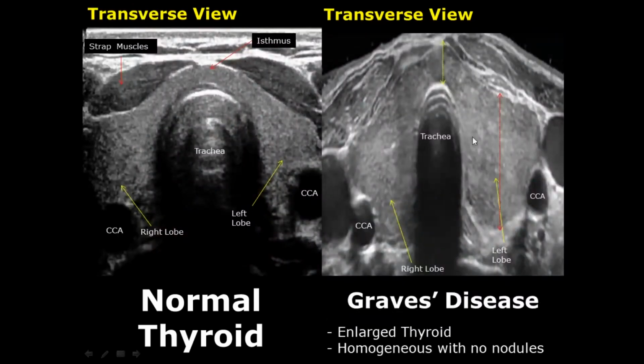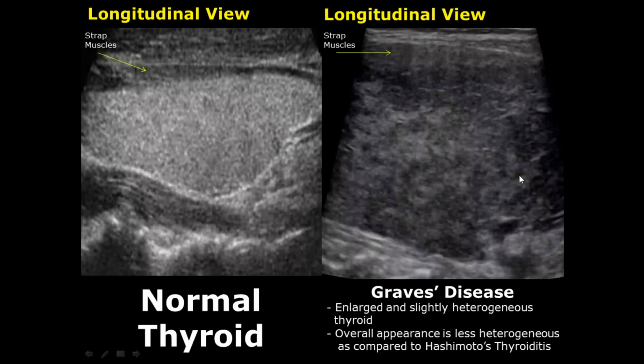Graves' disease is a common cause for hyperthyroidism. In this, the thyroid can appear enlarged and it can also appear homogeneous without any nodules. In this image, you can see heterogeneous areas in the thyroid, but if we compare it to Hashimoto's thyroiditis, it is less heterogeneous.